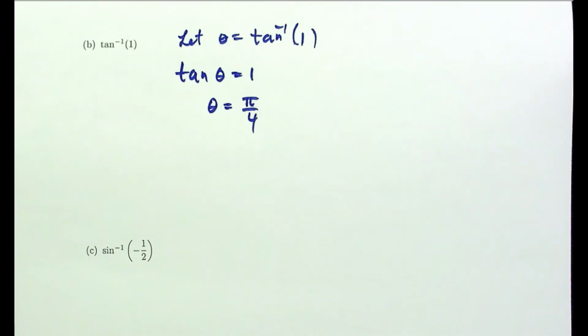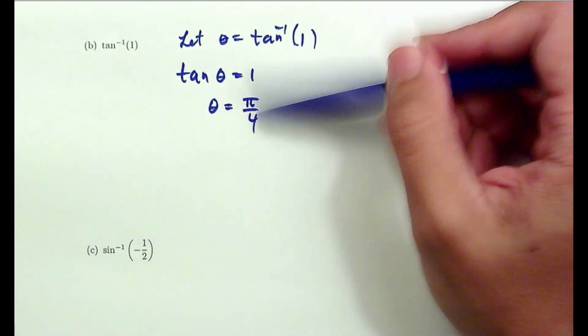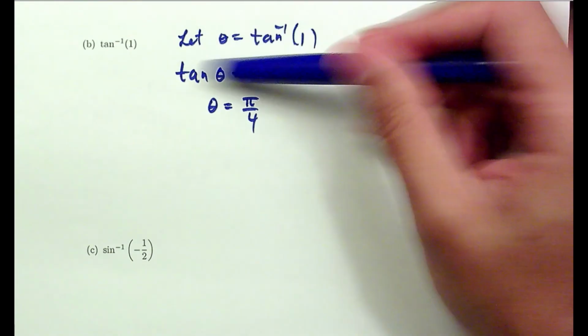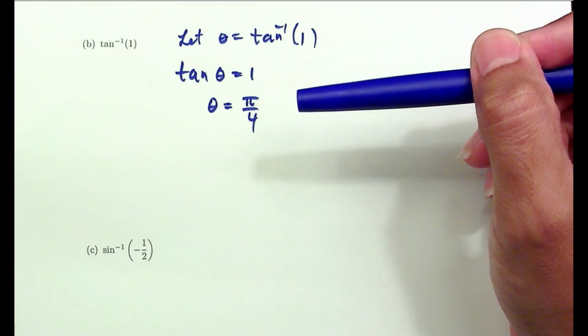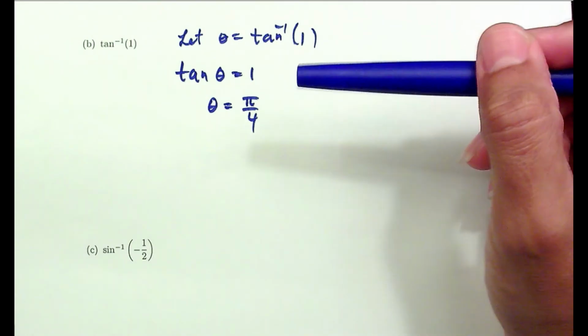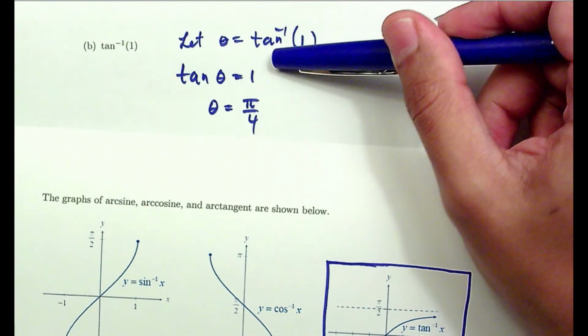Okay, so we found one angle whose tangent is 1, but before we declare this problem over, remember there's two boxes that we have to make sure we check. One is that the angle does satisfy the equation. Two, the second box is, is the angle in the right place? Because it cannot just be any old angle. It has to be an angle, in this case, that is spit out by tangent inverse.